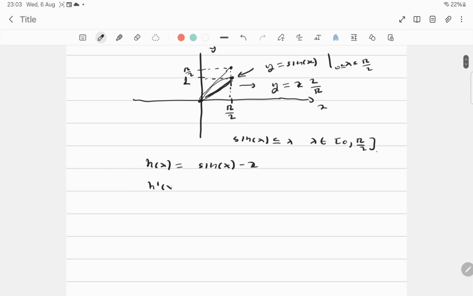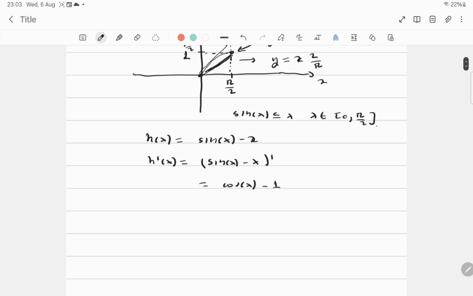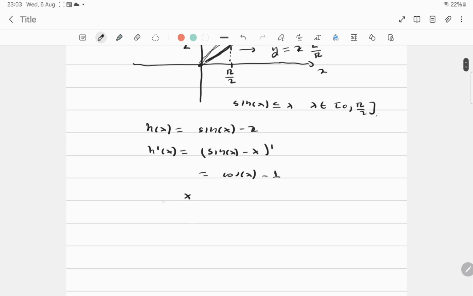So I take the derivative to find the monotonicity of the function. The derivative of sine is cos, and the derivative of the identity function x is just 1. So x is between 0 and pi over 2. Cos x is a decreasing function on that interval, so I flip the direction of the inequality.